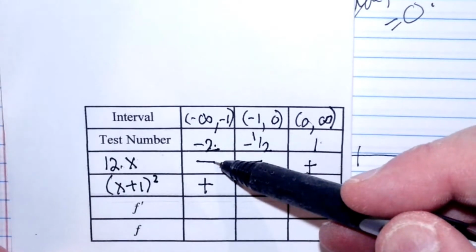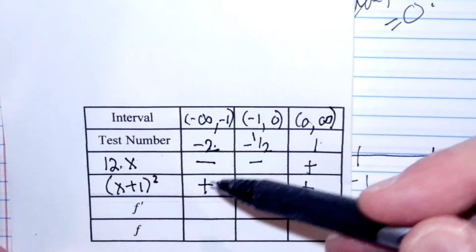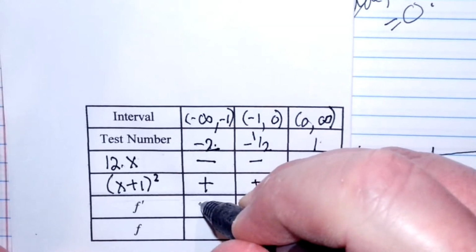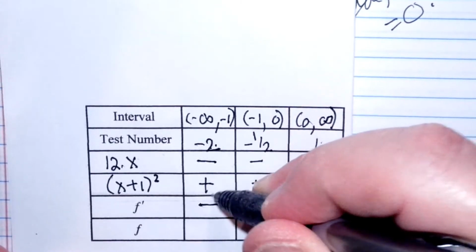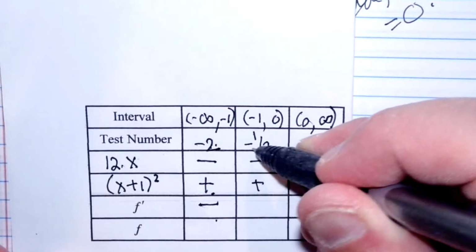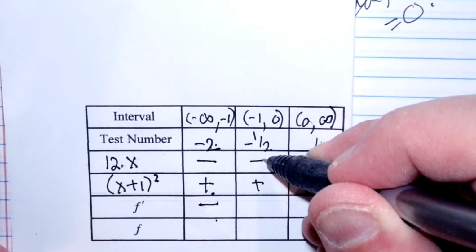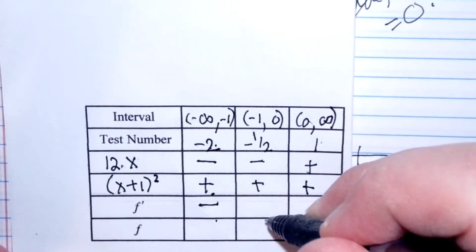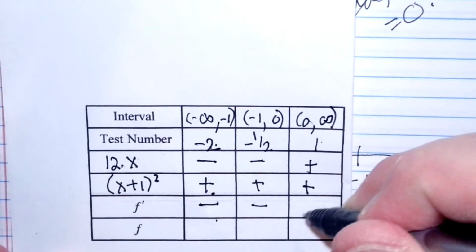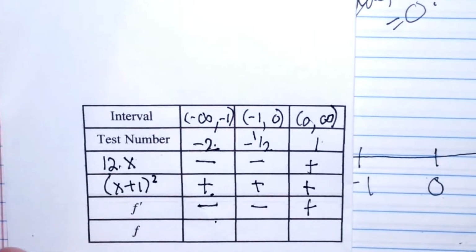If one of the factors is negative and the other one is positive, then the derivative is going to be negative, because a negative number times a positive number is negative. And then for the next row, for x equals negative 1/2, we've got a negative times a positive, that's negative. And then in the third column, a positive times a positive is positive. Alright, so far, so good.